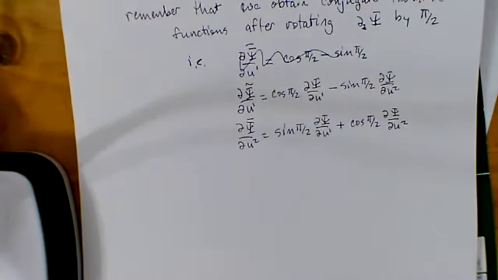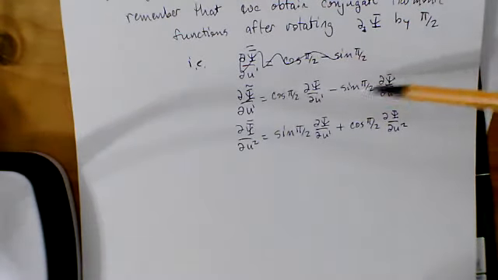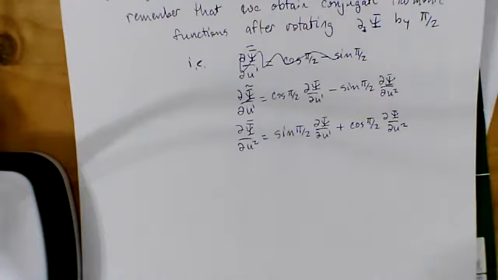Right. So if I just plug in the values for cosine of pi over 2 and sine of pi over 2, I recover the Cauchy-Riemann equation.